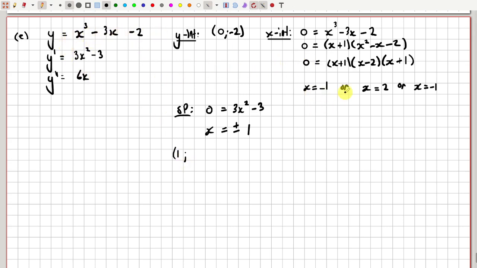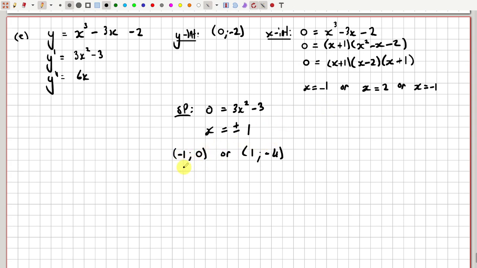Now, it's not this one yet, but we'll do it in ascending order. So let's sub x equal to -1 first, and then we should get 0 if we did this one correctly. We'll test that, and we see we do get 0. Let's sub x equal to +1 in there. That's 1 minus 3, that's -2, and that's -4. Okay, so our stationary points are those two.